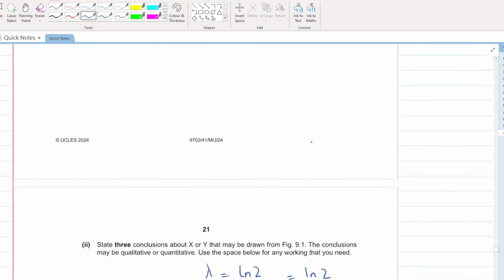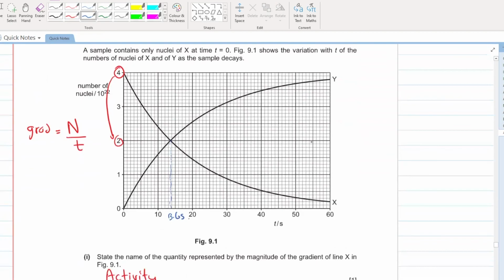What will be your third conclusion? If you notice, the total number of nuclei at any given point remains the same. In the starting, the number of nuclei of X is 4 and the number of nuclei of Y is 0. At this point, both X and Y have two. So at any given point in the system, the total number of nuclei remains the same.